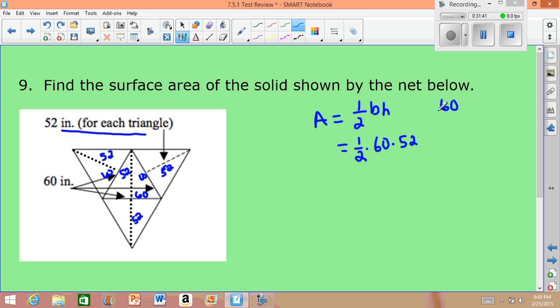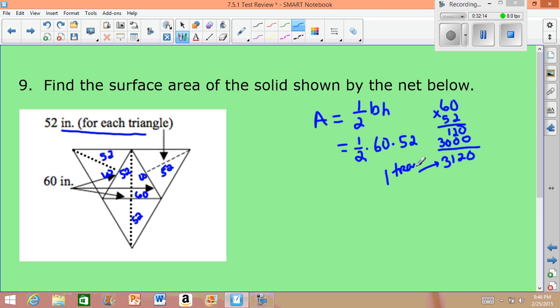So we might need to work that out. 60 times 52 gives me 0 and 12, 0 for the next one, that's 0 and 30. When I add that together, I have 3,120. But remember, this is just for one triangle.